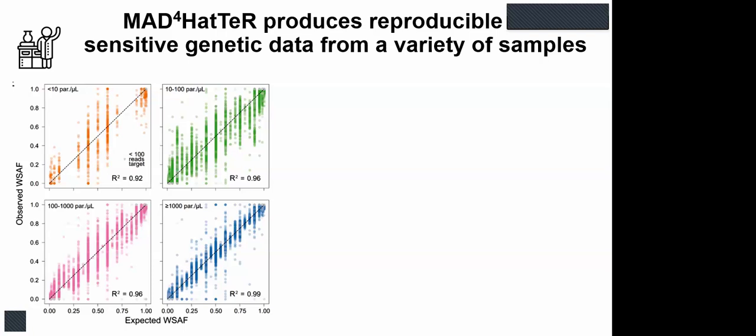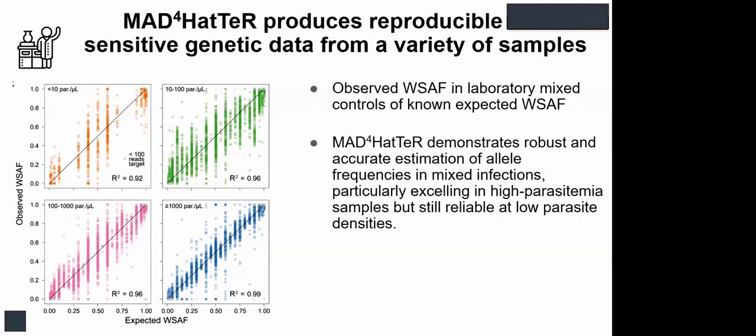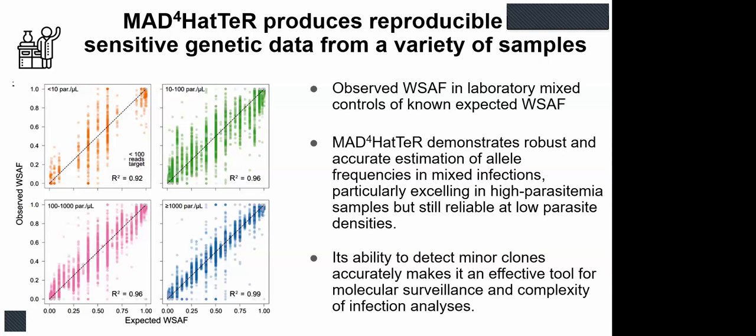And we are seeing that the R squared goes on increasing as you increase the parasite density. So if you are using data with above 1,000 parasites per microliter, you are likely to have the highest sensitivity from this panel. So MADHATTER demonstrates here a robust and accurate estimation of allele frequencies in mixed infections, particularly in high parasite densities, though the data from low parasite densities is also still reliable.